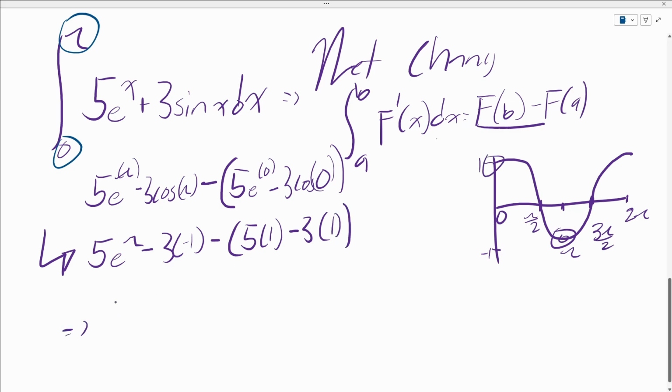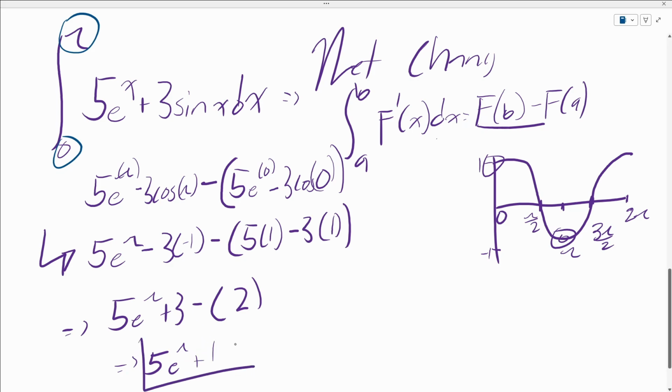When we simplify this, we'll have 5e to the pi plus 3 minus 5 minus 3 is 2. And then our last step is combining like terms. 5e to the pi stays the same. 3 minus 2 is positive 1. So 5e to the pi plus 1 is our net change of our integral.